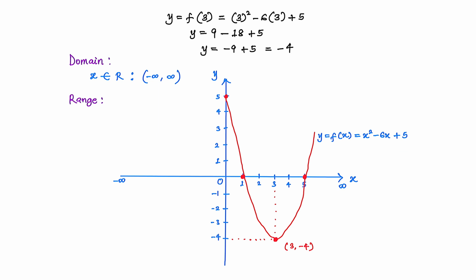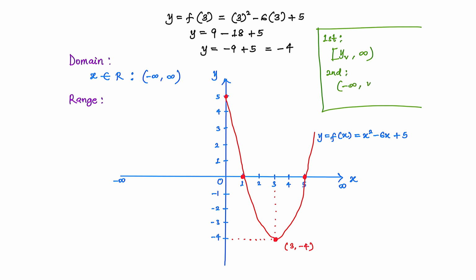As for the range, it is all possible values of y. So as for range, we have two possible situations. The first possible situation for a range is from the vertex all the way to positive infinity. And the second possible situation is from negative infinity all the way to the vertex.